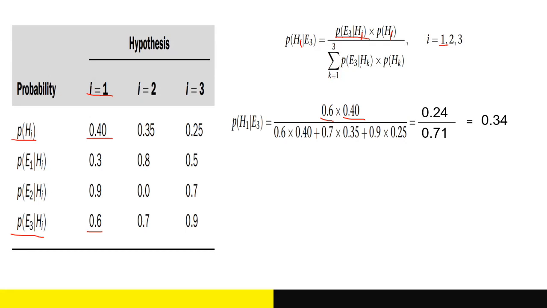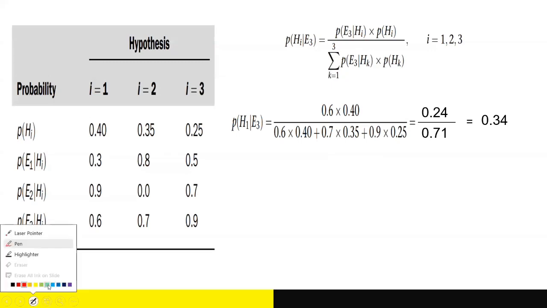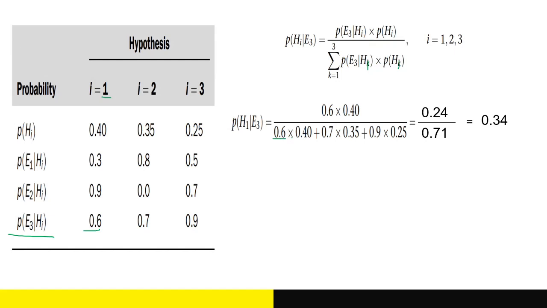Our index k is equal to 1: probability of evidence 3 given hypothesis 1, we have 0.6 multiplied by the probability of hypothesis 1, 0.40, plus our index k now is equal to 2: probability of evidence 3 given hypothesis 2, we have 0.7 multiplied by the probability of hypothesis 2, 0.35, plus our index k now is equal to 3.